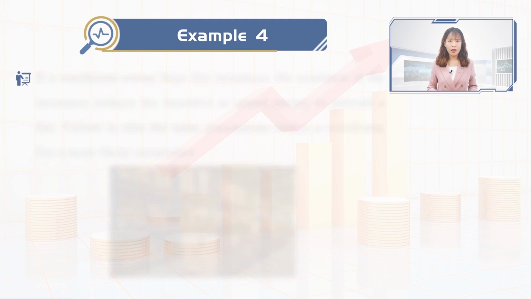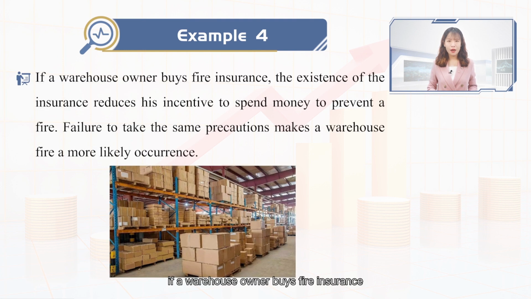For example, if a warehouse owner buys fire insurance, the existence of the insurance reduces his incentive to spend money to prevent a fire. Failure to take the same precautions makes a warehouse fire a more likely occurrence.